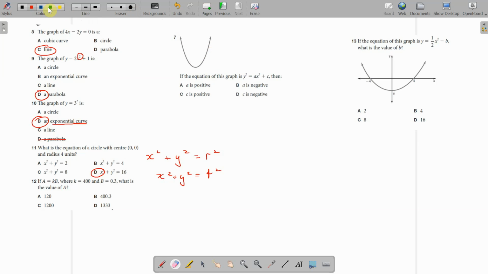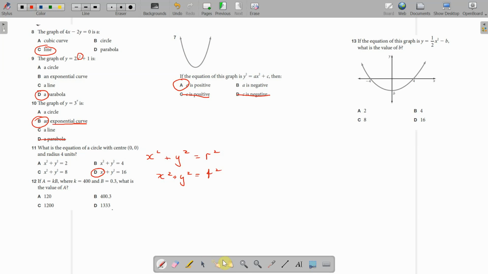So we can't be sure about c. Now, if a was negative, it'll be this way. So the only one that can be is this one. A is positive, which means it's concave up. Concave up. Yep, there we go. So that's that one.